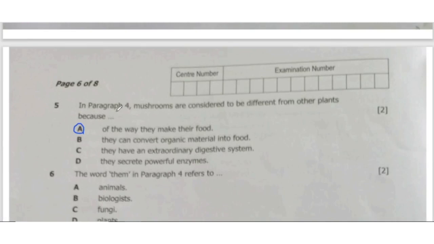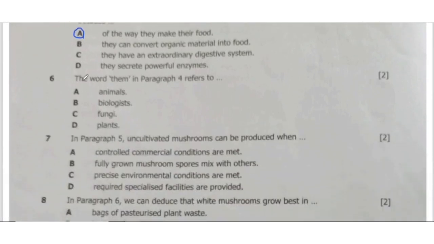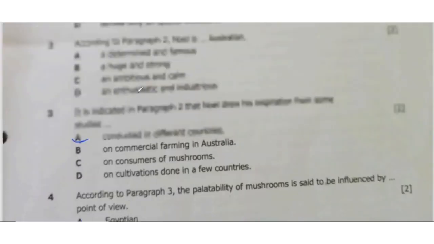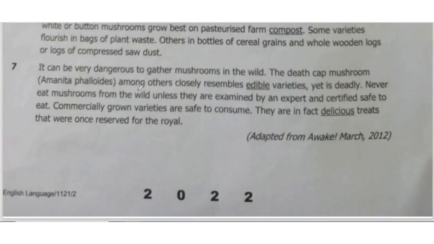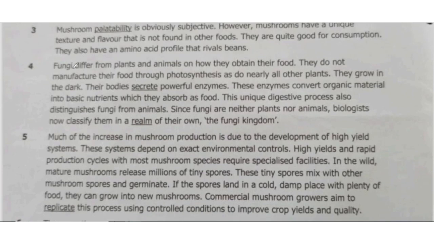Okay, we come to the word "them" in paragraph 4. "Them" in paragraph 4 refers to what? So go back there and see where "them" is used and where it's being referred to. Fungi differs from plants and animals in how they obtain their food. They do not manufacture their food through photosynthesis as do nearly all other plants. They grow in the dark.